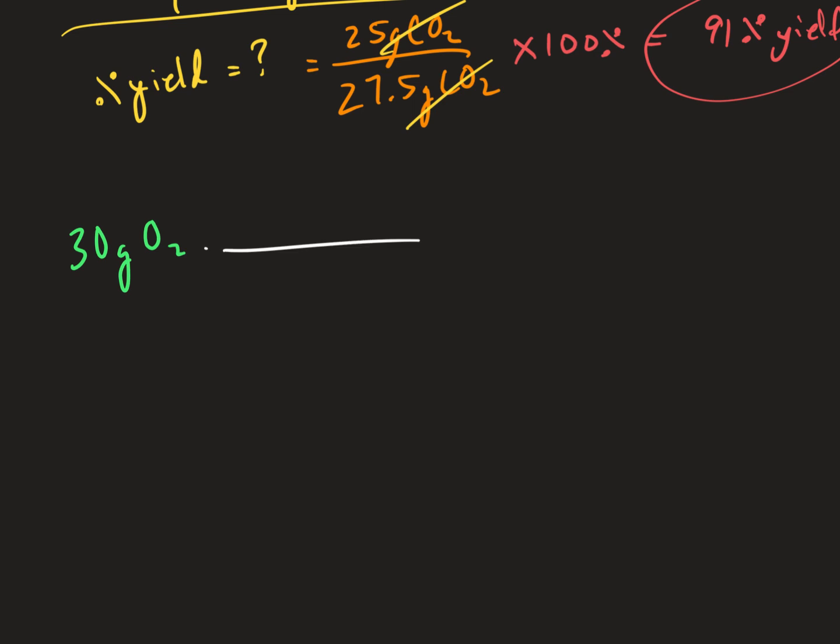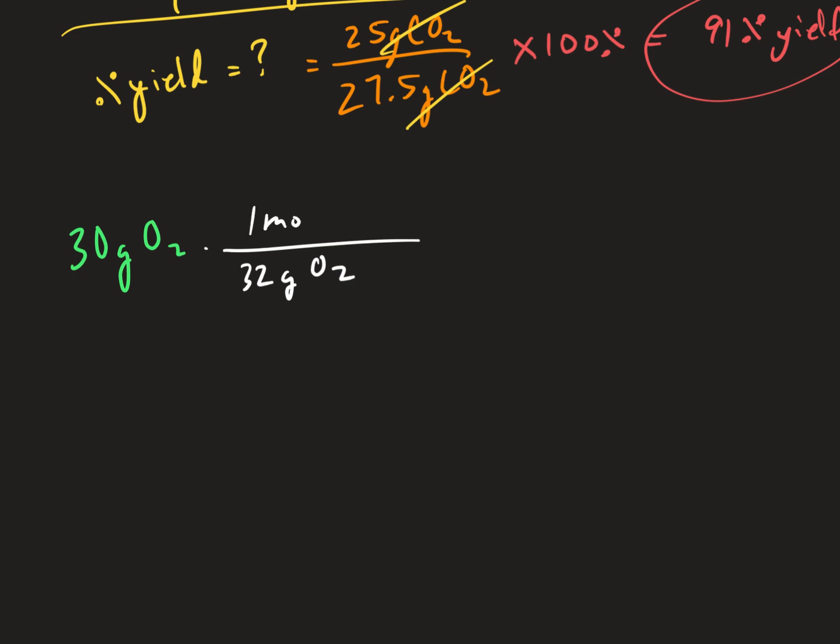Okay, well. Then we're going to convert this to what? We want to find out how many grams of excess reagent we have left over. So we're going to convert to grams of C3H8O, right? So we're going to do 32 grams of O2. This is all repeat. We've done this over and over again today.